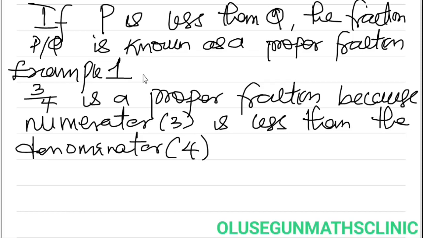At any point in time, if your numerator is less than the denominator, it is a proper fraction. So if an exam asks you to identify the type of fraction, you know that when the one at the top is less than the one at the bottom, the denominator, it is a proper fraction.